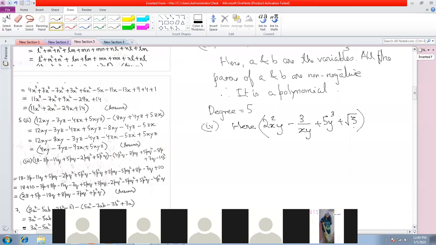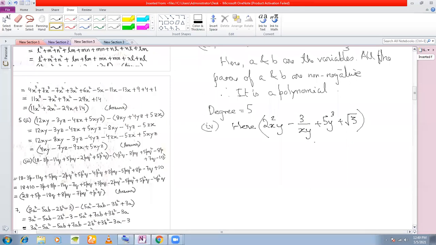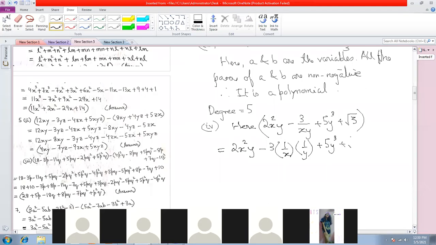So even without too much effort, you can say that this definitely cannot be a polynomial because you have the variables in the denominator. A polynomial can never have variables in the denominator. Still, we'll see. So you have 2x square y, minus 3, and 1 by xy you can write as 1 by x into 1 by y, plus 5y cube plus root 3.